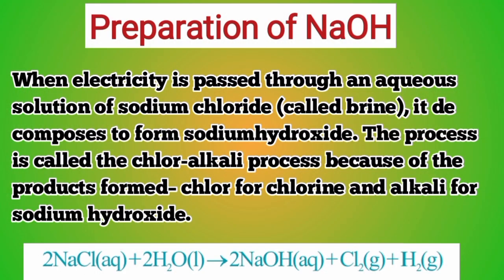Finally, we are coming to salt. When concentrated acid and concentrated base combine, they produce salt and water. Already we discussed this previously. So the salt is a very important one. Sodium chloride is a common salt.